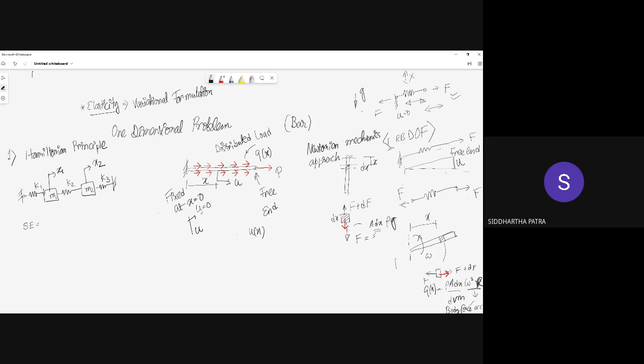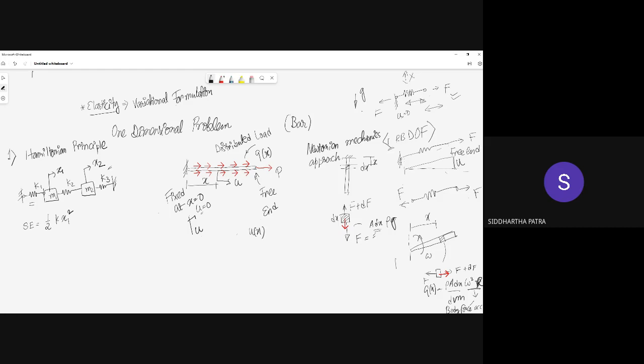Sorry, imagine this is a 2 degree of freedom system. Now if the point mass m1 moves by a distance of x1, this spring right here is stretched by x1, and therefore it develops a strain energy of half k x1 squared.